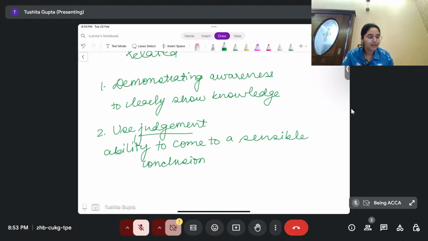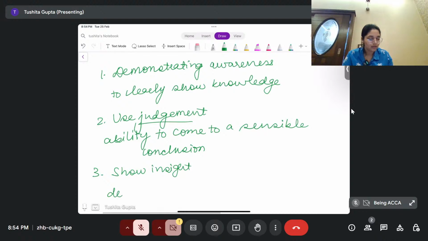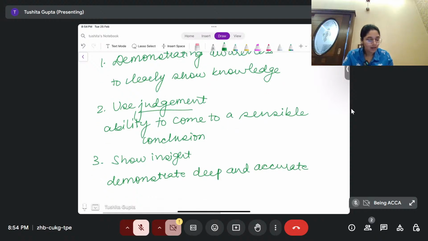Now, the third thing is show insight. How will you show insight? You are supposed to demonstrate deep and accurate understanding of a situation.